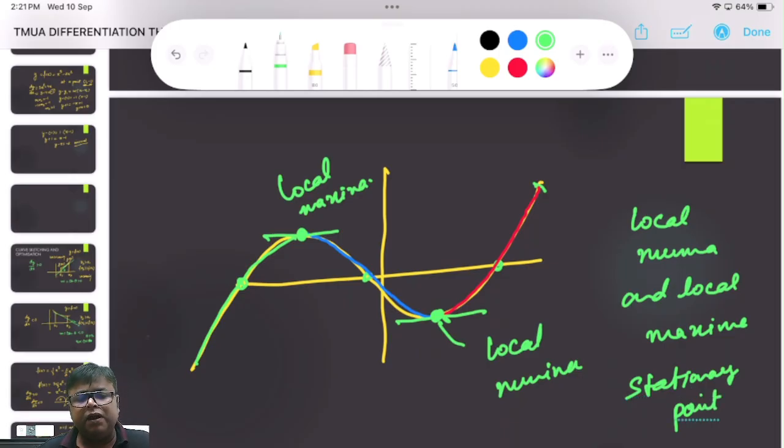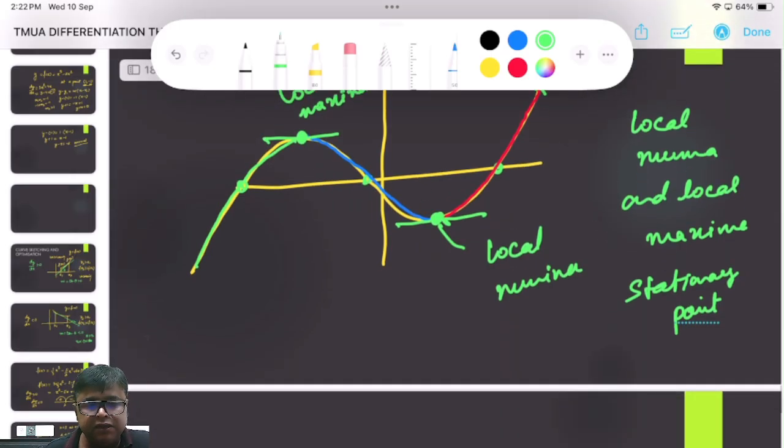But then there is one more point which needs to be addressed here, and that is where the curve changes its concavity. Concavity as in, this part of the curve was concaving down, but after this point, suppose somewhere here, it has started to concave up.